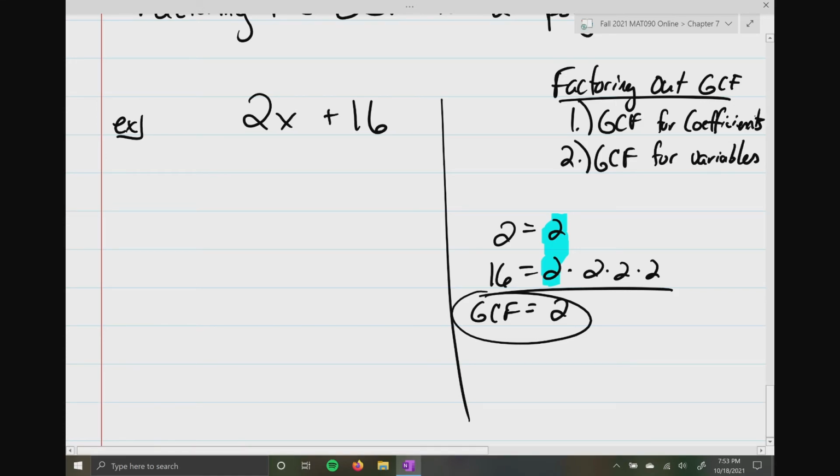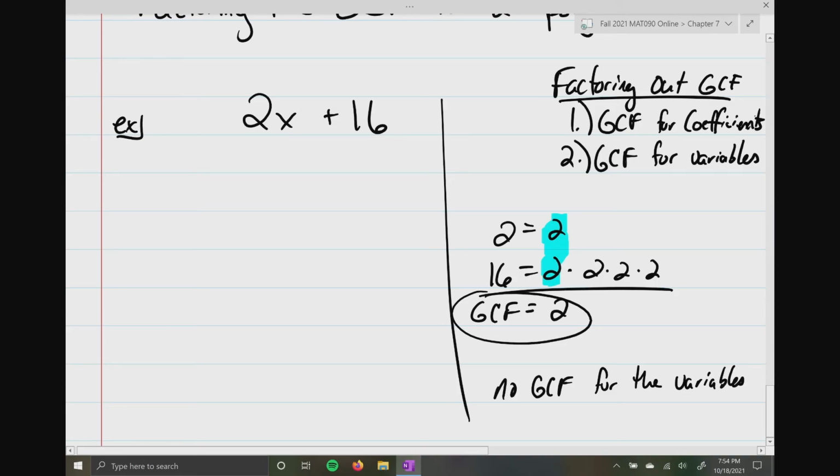For example, in that first term, I have the letter X, which is great. But in the second term, there's no X. And that makes me sad, because that means there's no GCF for the variables.